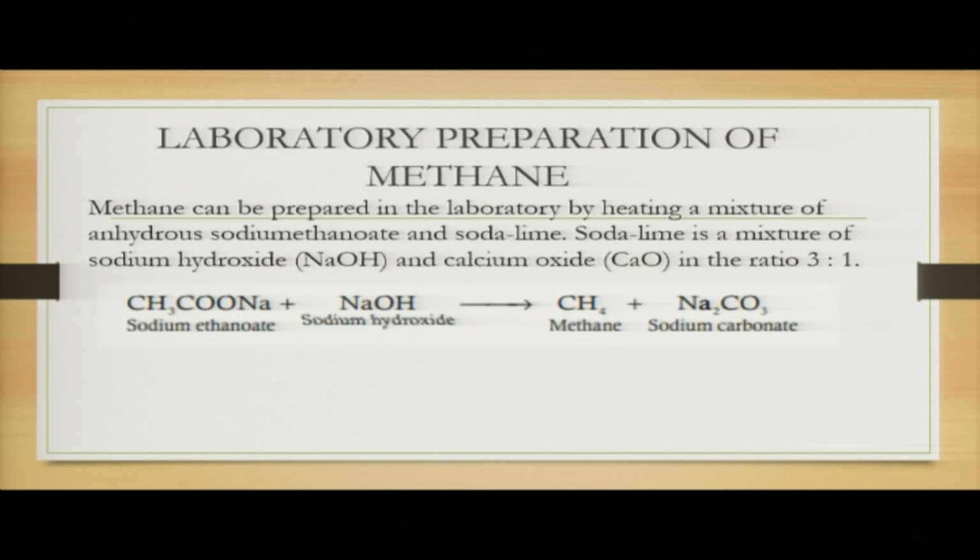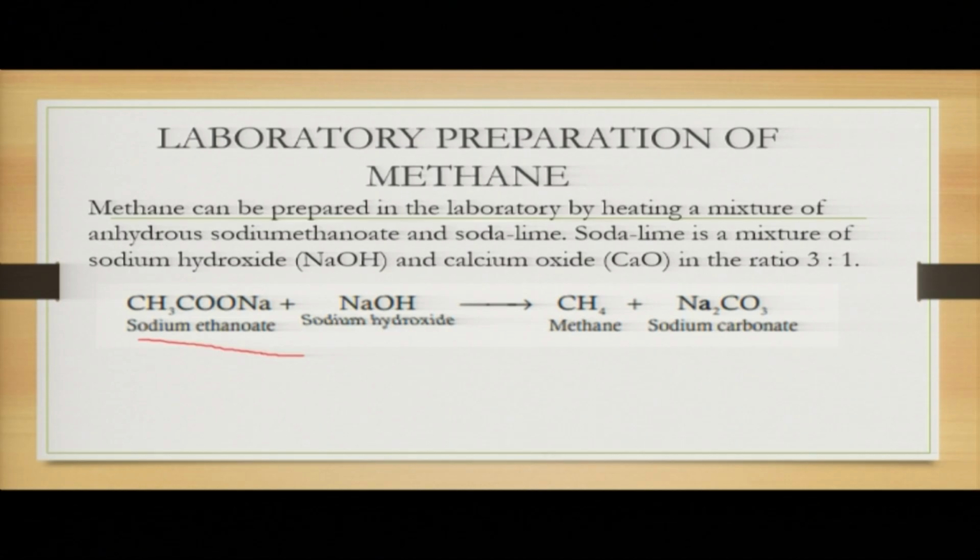We can also look at the preparation of methane. It is mainly prepared by this reaction, sodium ethanoate reacting with sodium hydroxide to form methane, and this reaction takes place when there is also heating.